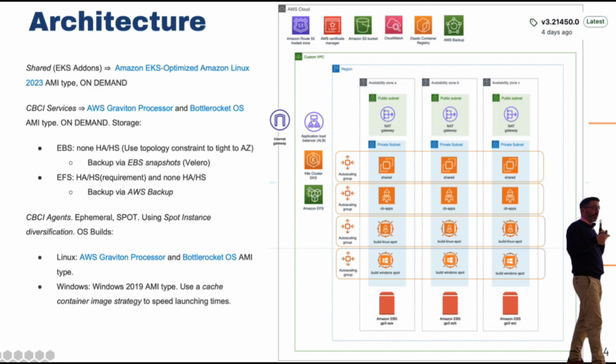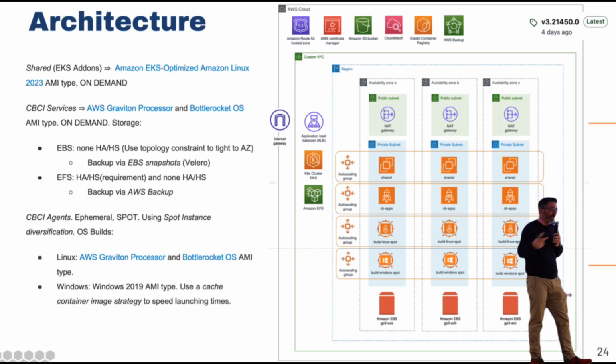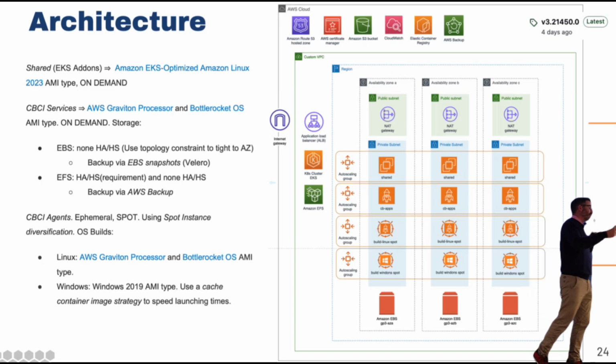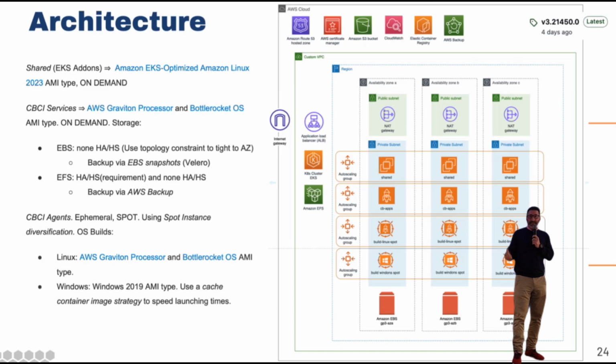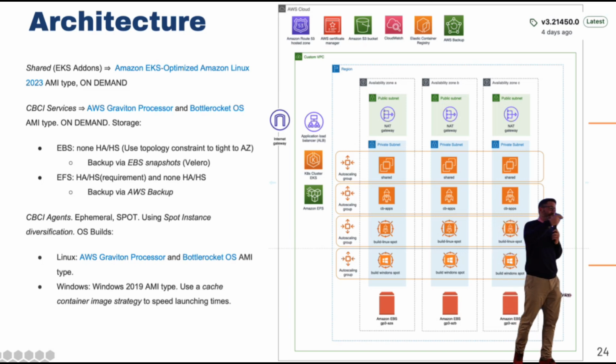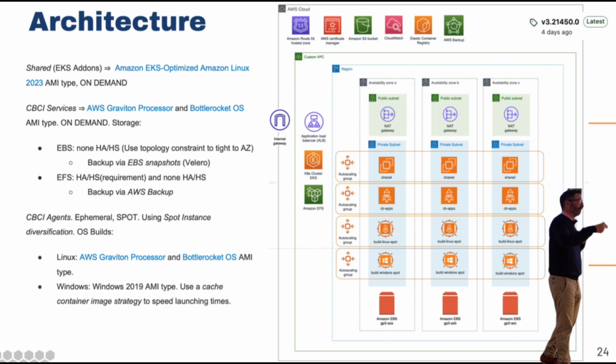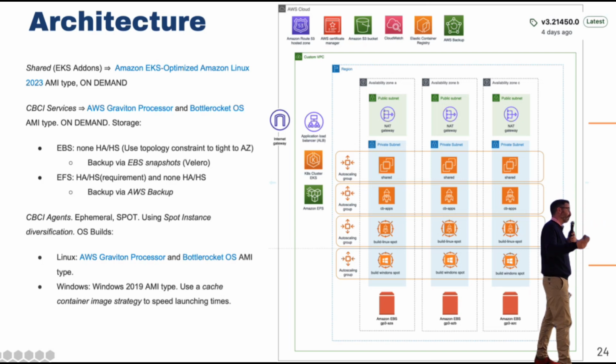So you need to make sure that in your storage class definition, they are tied to that availability zone. Why? Because in case a controller gets restarted, it is required to restart in the same availability zone where it was initially created. Otherwise, you have a volume conflict.